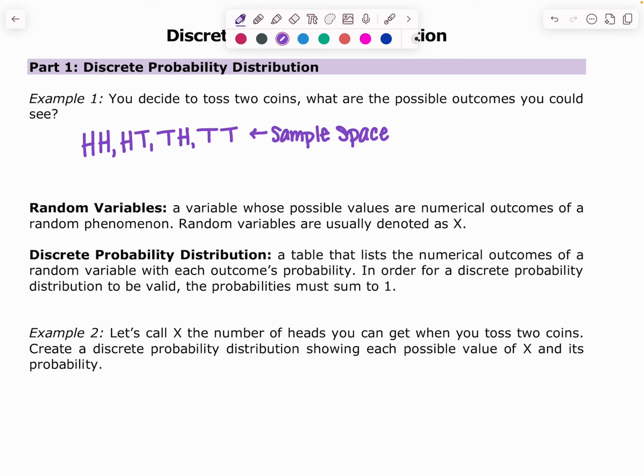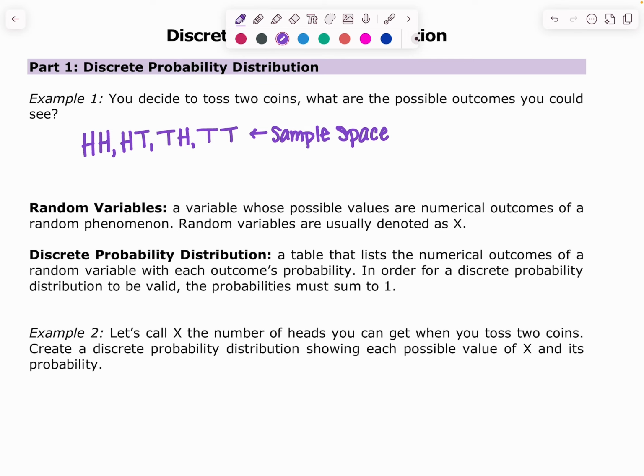So with probability distributions, we're going to be introduced to something called random variables. Random variables are variables whose possible values are the numerical outcomes of a random phenomenon.